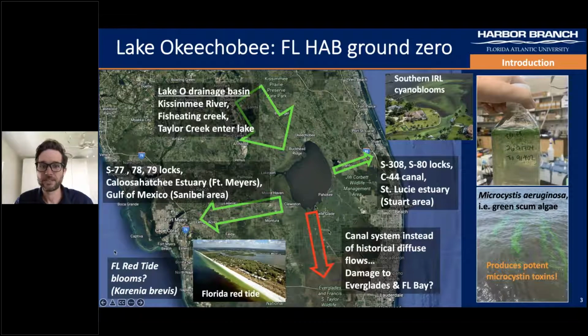Now, the water used to flow south through the Everglades and get filtered out, but now the Army Corps has built structures that divert the water through the Caloosahatchee River and estuary, and then on our side, where we are located right here in Fort Pierce, through the St. Lucie estuary. And you, of course, get effects from the nutrients or even the algae cells themselves in the Indian River Lagoon here. And perhaps also, these nutrients contribute to red tide in the Gulf of Mexico. That's certainly something that's still highly contested.